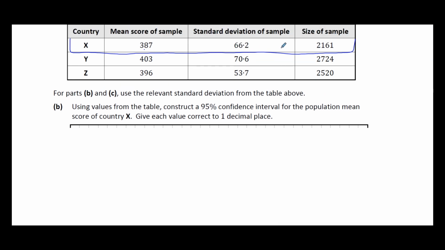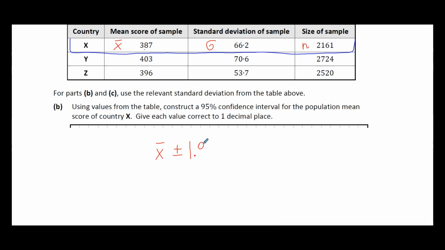Well, the confidence interval can be done in two different ways, depending on what kind of information is given to us. When we have the mean score, the standard deviation and the sample size, the formula that we're going to use is the result of the sample plus minus an error, or margin of error, or radius.